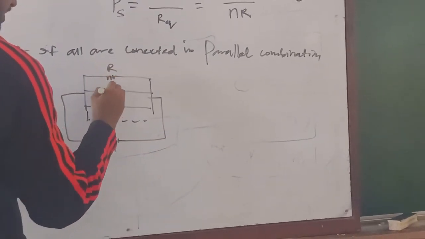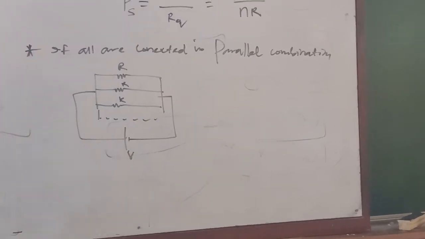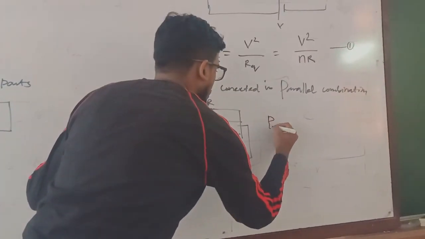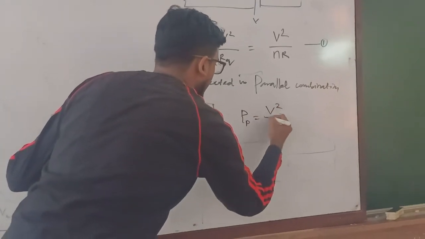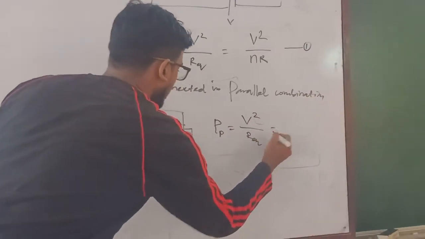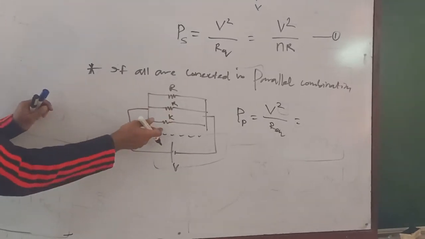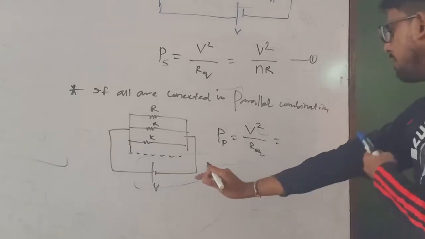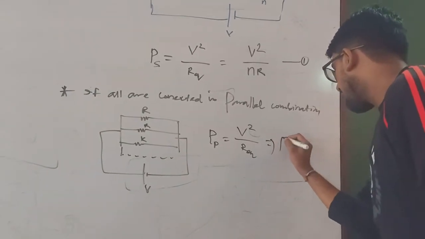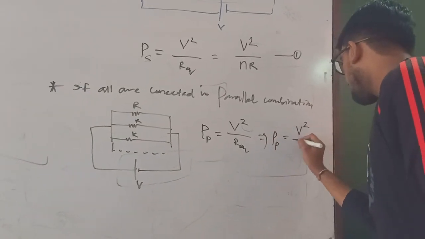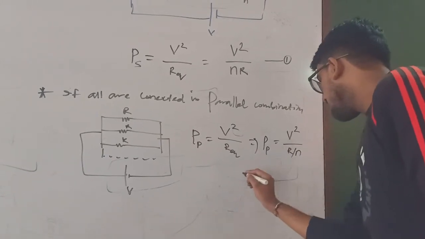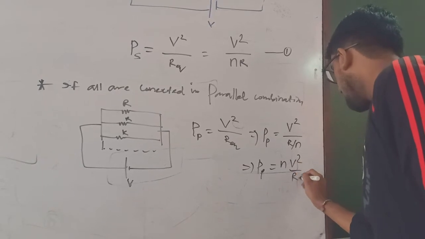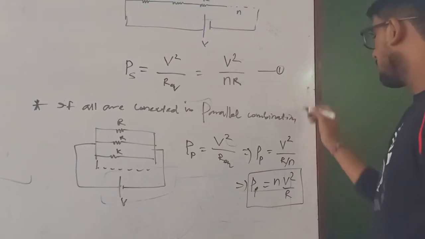All have resistance R, and the potential difference is V. So here the power in parallel combination will be same V square by R equivalent. As all the resistors are connected in parallel and all have the same resistance R, R equivalent will be R by N. So P in parallel combination will be V square divided by R by N, or this can be written as power in parallel equal to N into V square by R. Let it be equation 2.